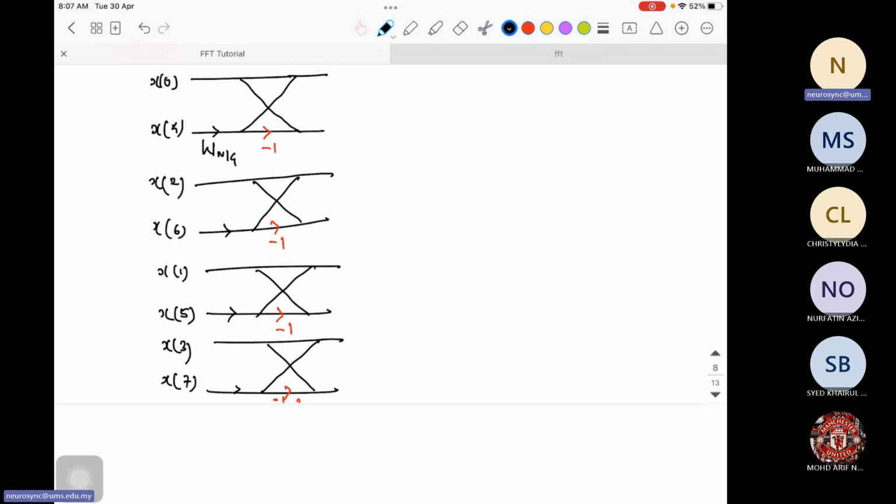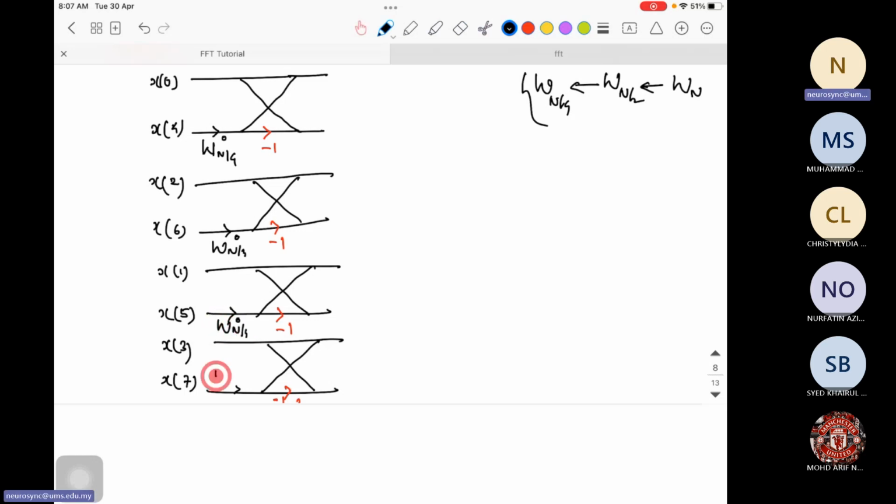We will go from W_N, W_N by 2, W_N by 4 like this. So if 3 stages are required, then the twiddle factor is W_N by 4 here. So W_N by 4 to the power 0 will be required here.